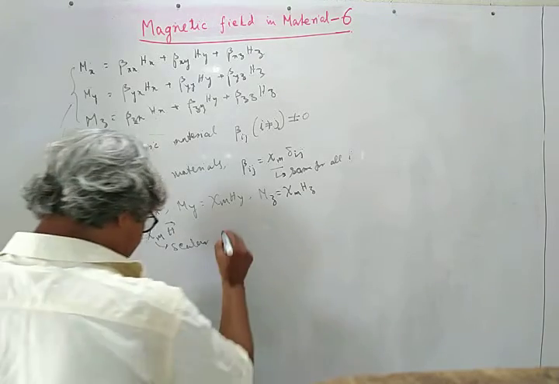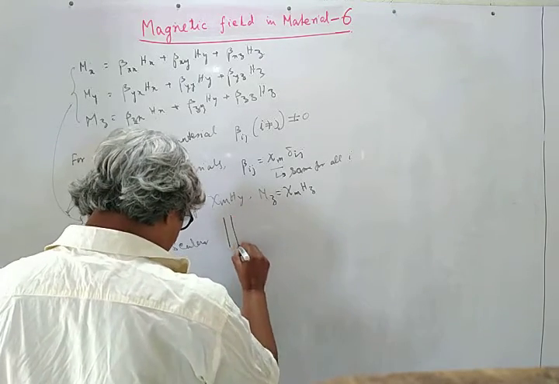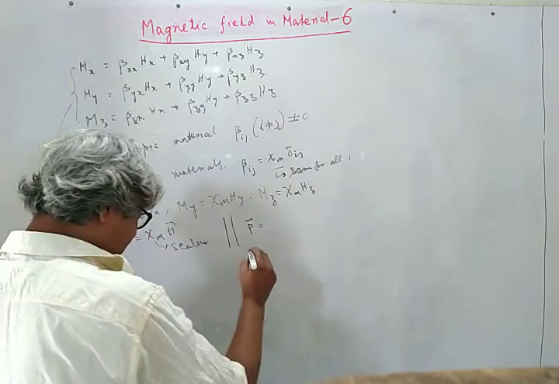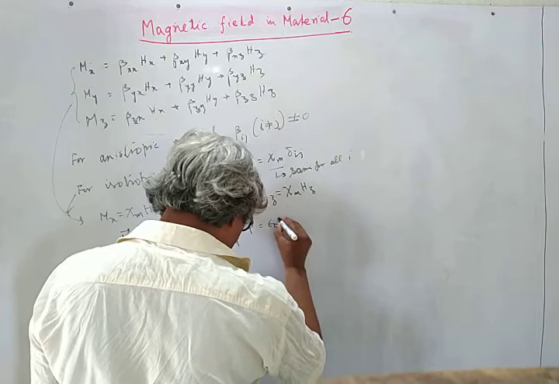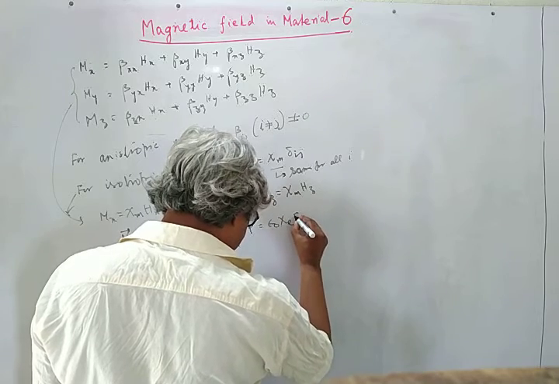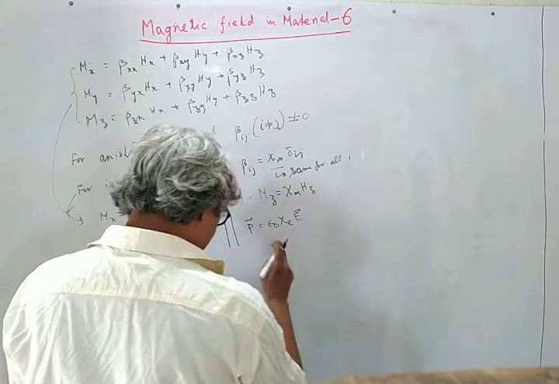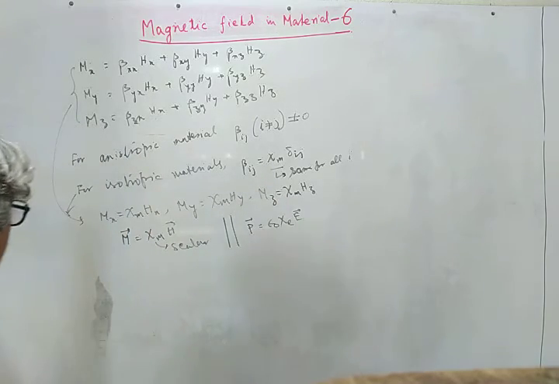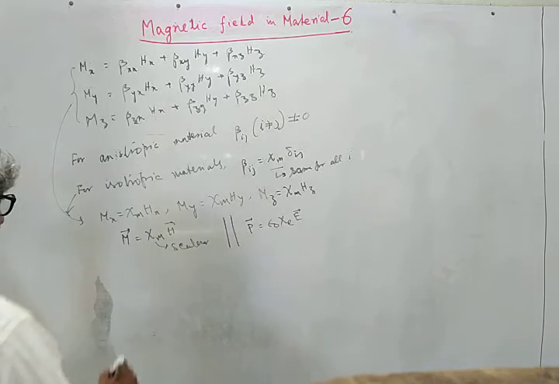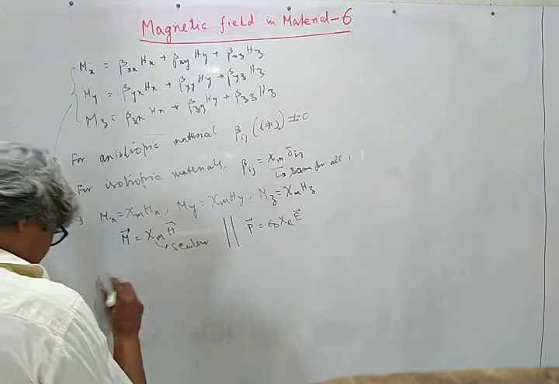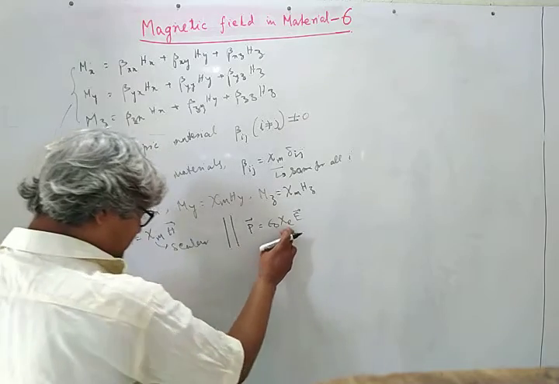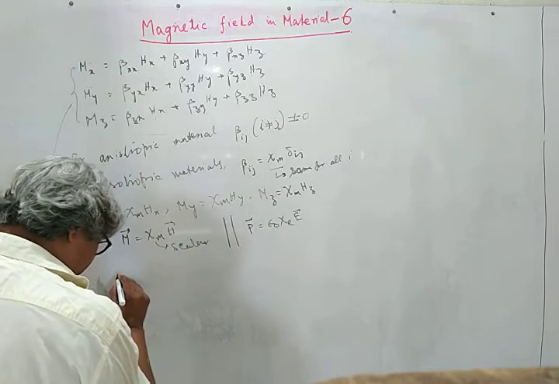It is interesting to note the parallel definition in the case of electrostatics. It is epsilon_0 chi_E times E. Here this is the electrical susceptibility, and this is the magnetic susceptibility.